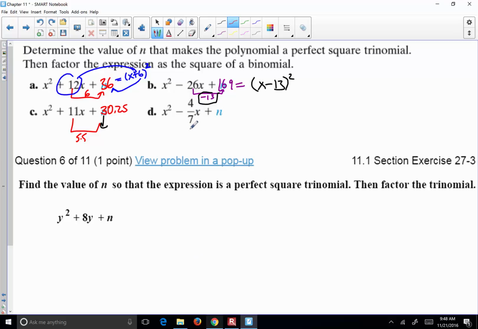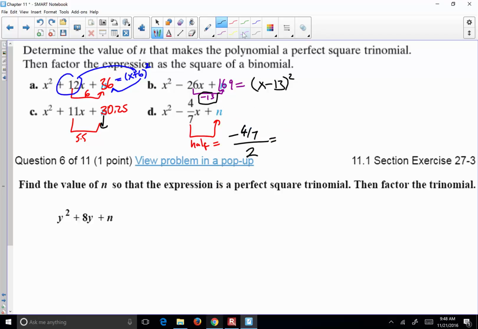Alright, the last one is the trickiest one because it's a ratio, minus 4/7. What is half of minus 4/7? You need to take half of it. 2/7.